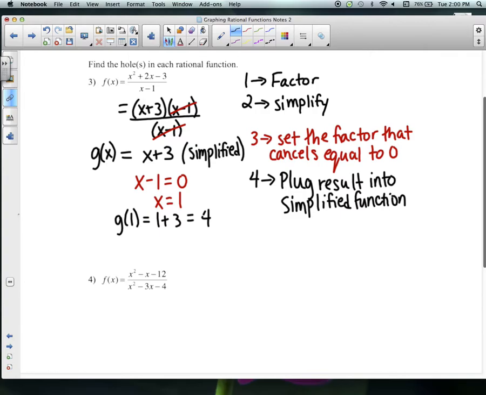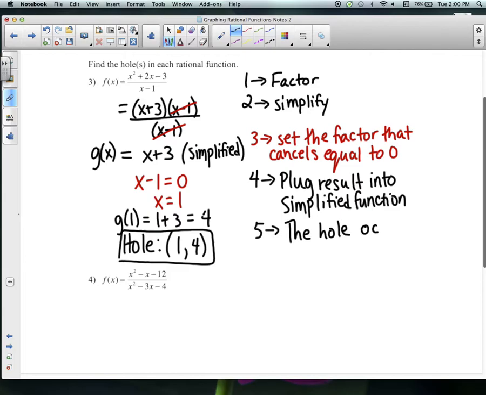That is where the hole occurs. And then at that point on the graph, you're going to put a little open circle to show that that's not a point that's technically included in the graph. It's where the graph is undefined.